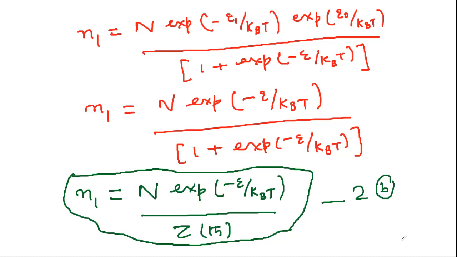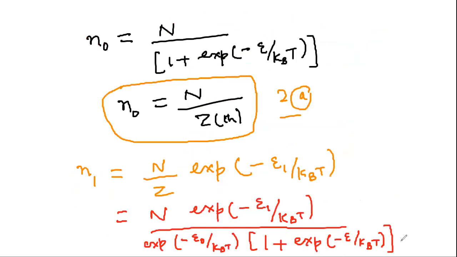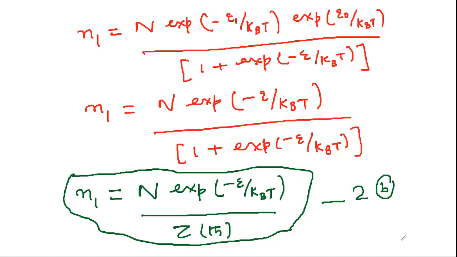So we have obtained the expressions for N1 and N0. 2a gives N0, that is the occupation number pertaining to the ground state, and equation 2b gives the occupation number or distribution number pertaining to J equal to 1 state. So we can plot them as function of temperature and understand the behavior.